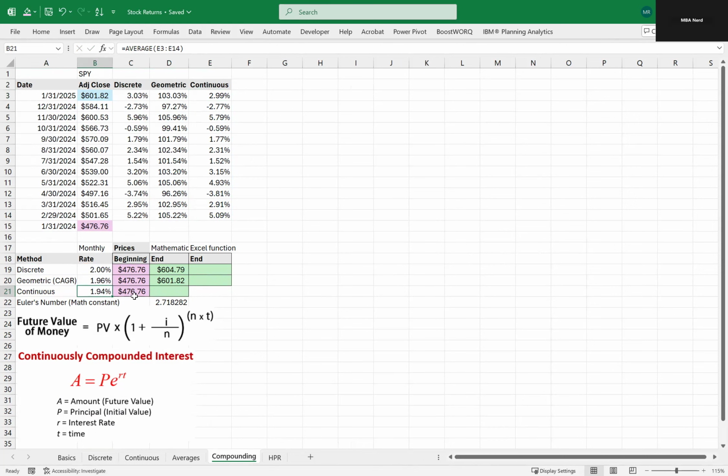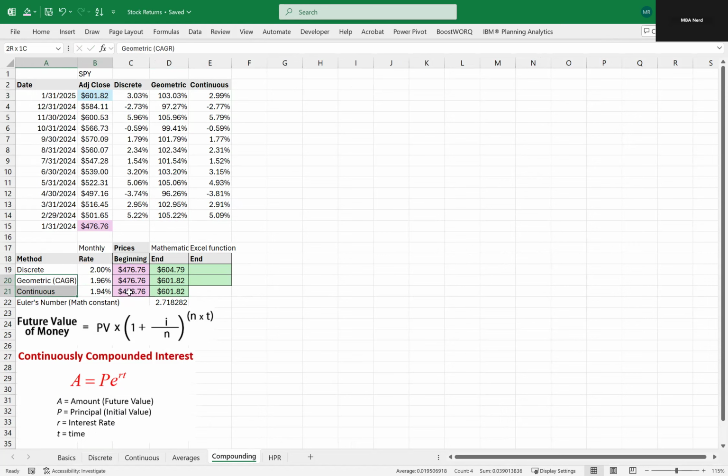So with this 1.94%, and I guess this is the future value function, there isn't really a future value function in Excel for this, but we know the mathematical formula, and it's equal to the present value times EXP. And this EXP function, I'll explain it here in a second. We're going to feed it this monthly continuous return times the number of periods that we want to compound by, 12. And that gives us the 601.82.